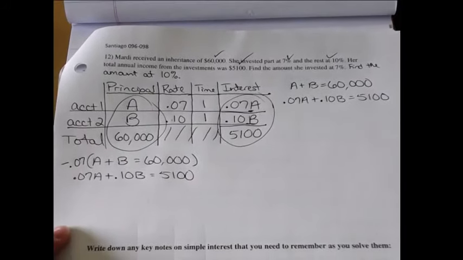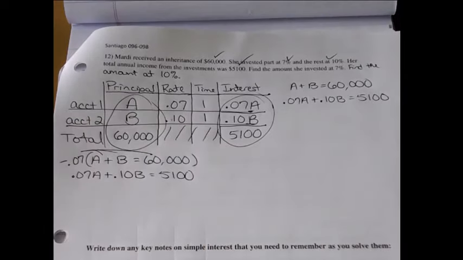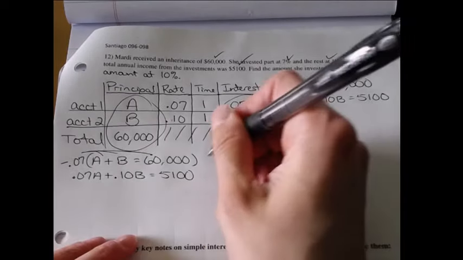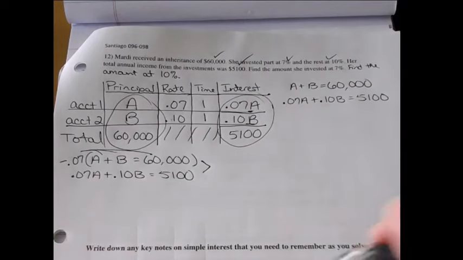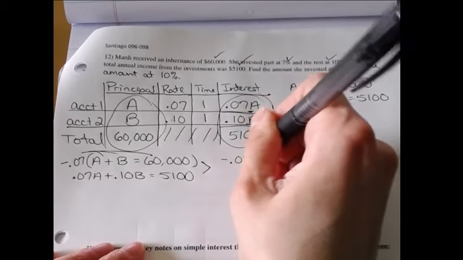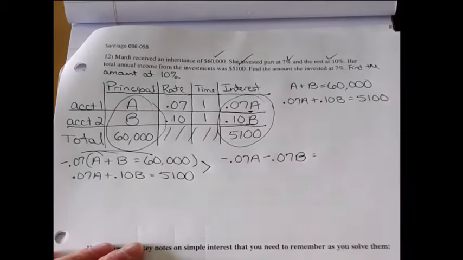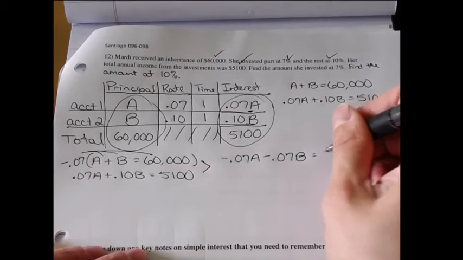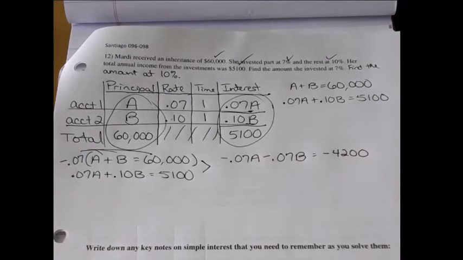As a reminder, when we multiply, we must distribute to all 3 terms. You cannot just pick and choose. You can't do half the problem. So if I distribute this negative 0.07, I get negative 0.07A, negative 0.07B is equal to, and then when we multiply those together, we get negative 4,200. Okay, and you can verify that.